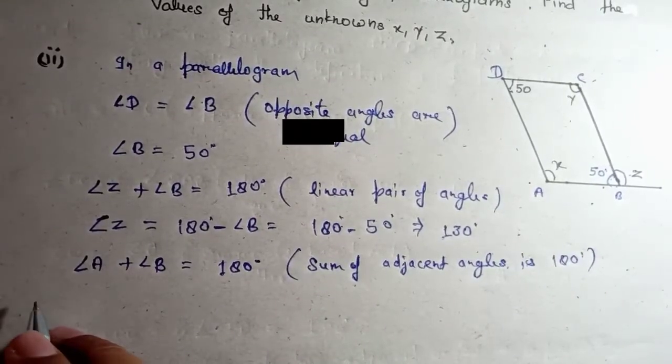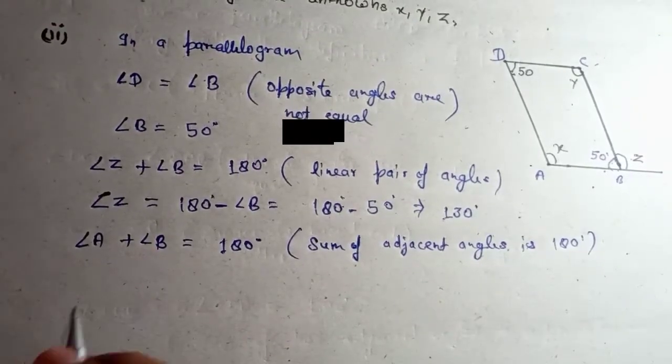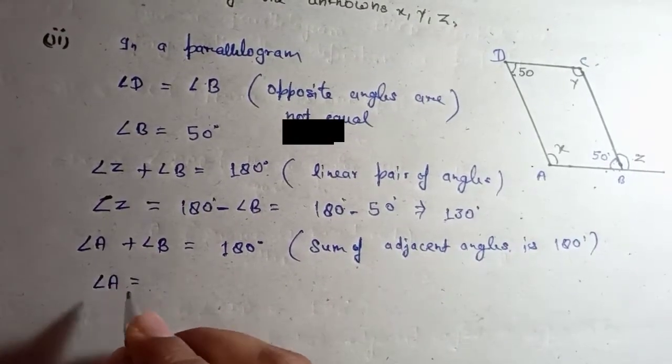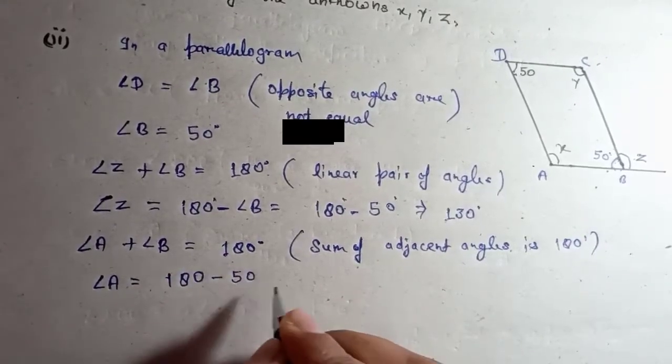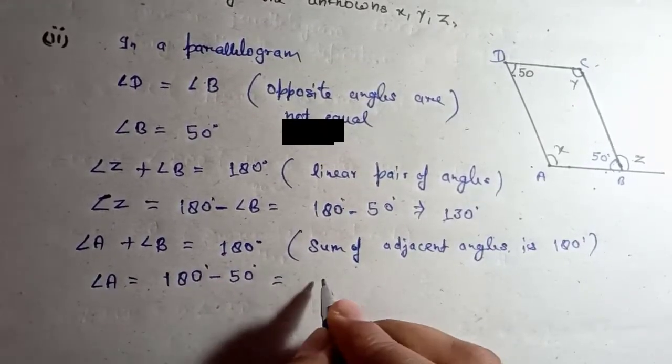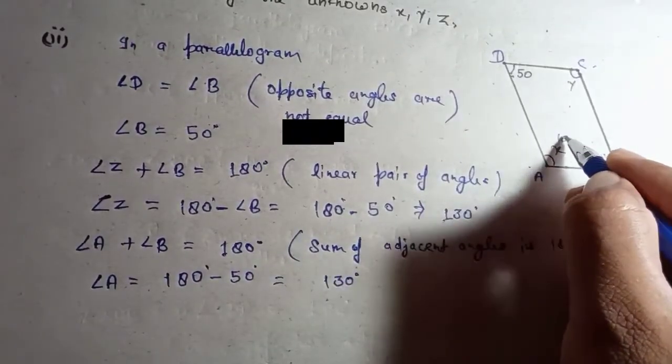Now angle A plus angle B is equal to 180. You know the value of angle B, so angle A is equal to 180 minus 50, which is equal to 130 degrees. So right here 130 degrees.